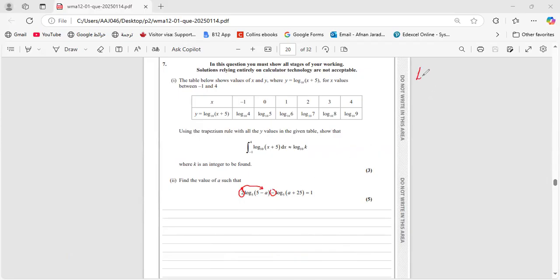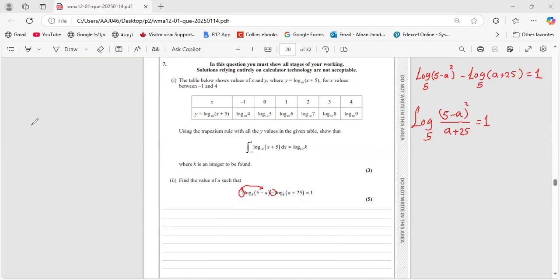So it will be logarithm 5 minus A to the power of 2 minus logarithm 5, the same base, 5, A plus 25 must equal 1. So the meaning of subtraction is to divide. It will be logarithm 5 minus A square over A plus 25 equals 1. Okay?